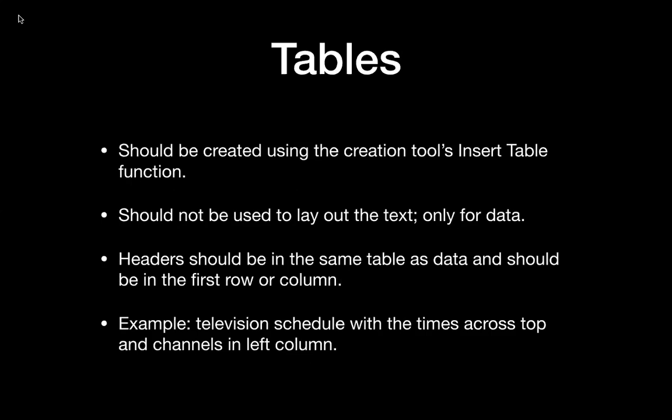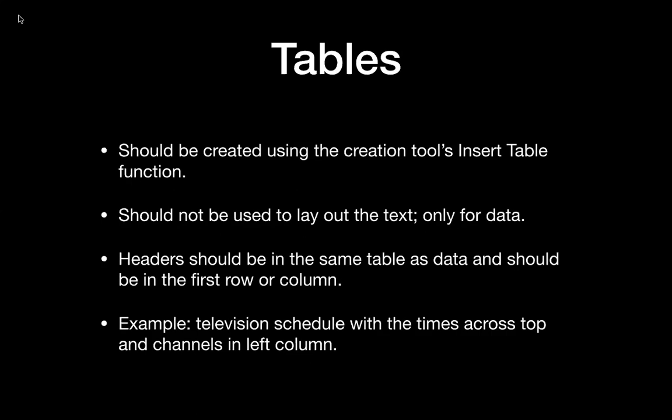When you're using a data table, you want to use the first row and the first column if needed for your headers. So for example, if you have a TV schedule, across the top you have the times of day, down the left side you have the channel name, and then each cell has the program that is airing at that time.